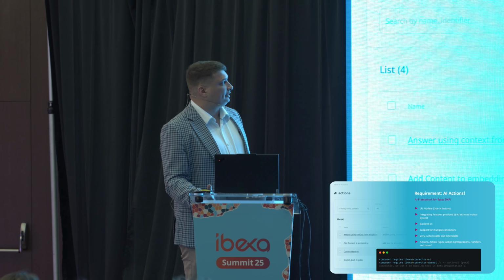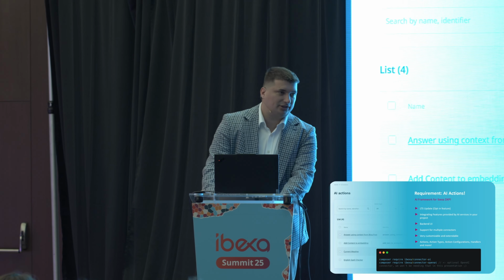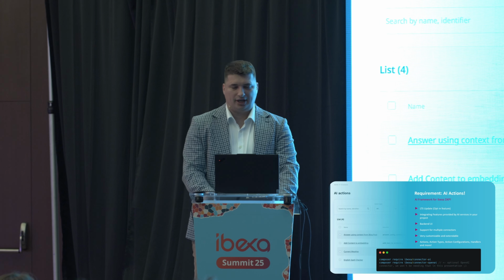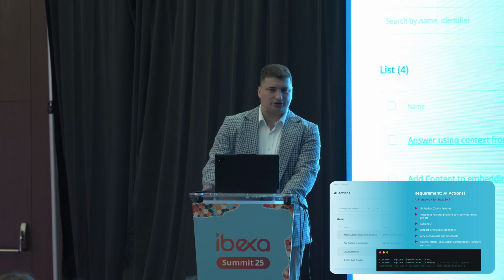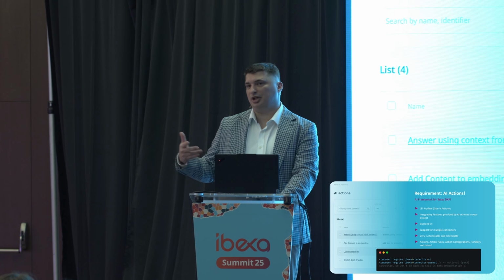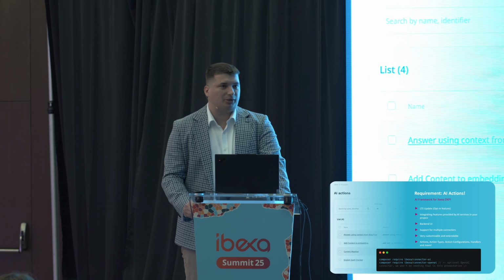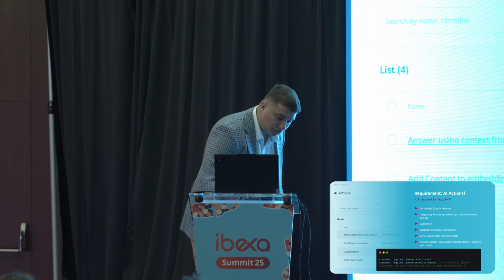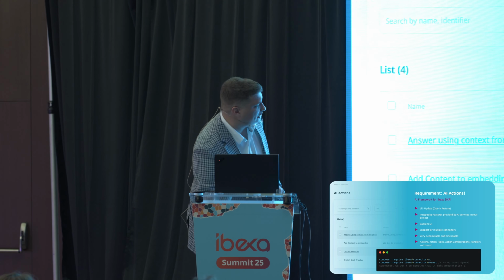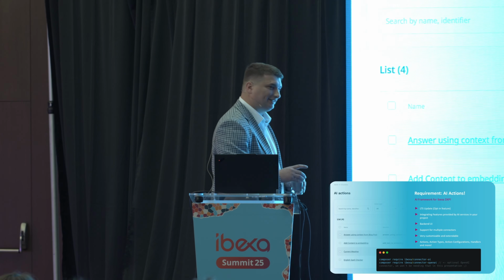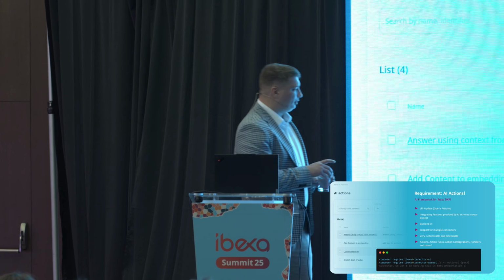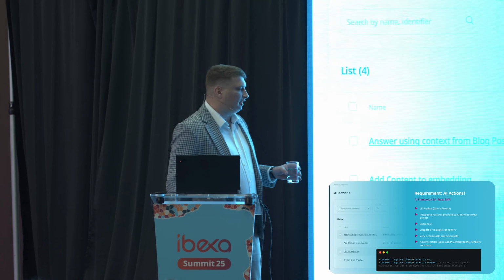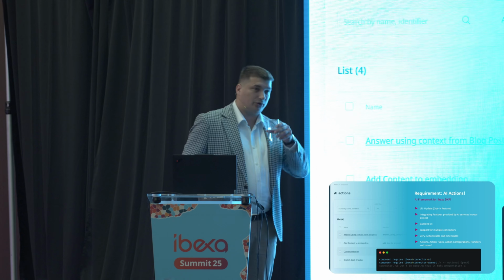Another disclaimer is that to make AI work with Ibexa DXP, we need something called AI actions. This is the framework that was already mentioned multiple times during our Ibexa Summit. Long story short, it's an opt-in feature. We can install it very easily. As you can see down here, it's only running one single command: composer require ibexa/connector-ai.